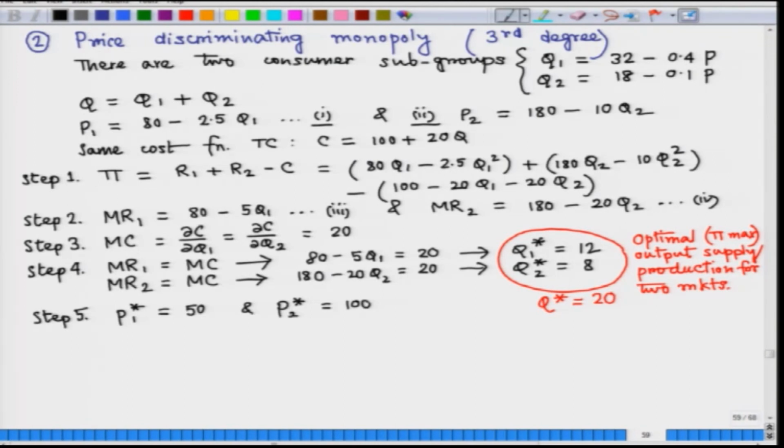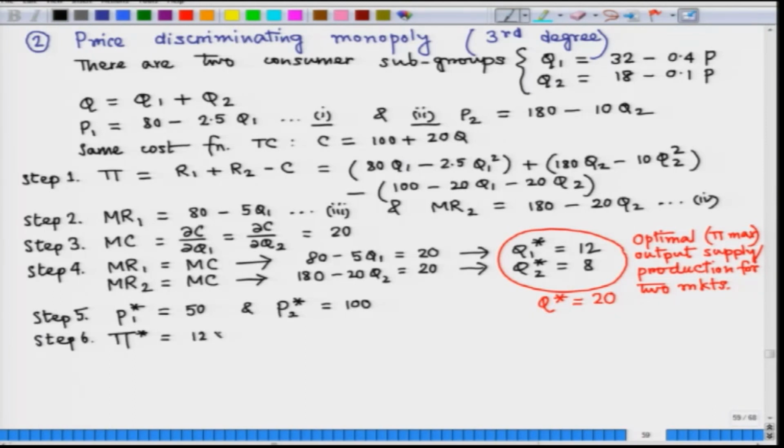Okay. Now, the last step which is required is to show you that if the monopoly is able to discriminate, then it actually attains higher profit compared to a normal monopoly model. For that we need to compute the profit. So, last but not the least, we have to compute the profit level.